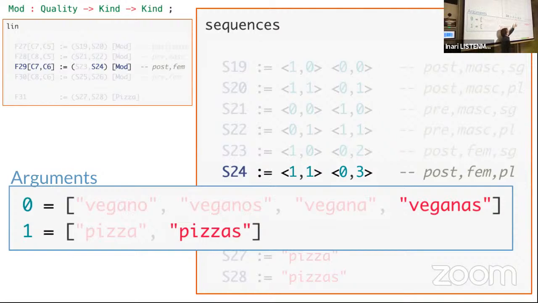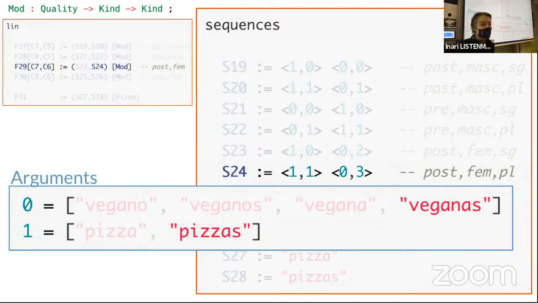Now we choose the second one, which is pizzas. And again, it still puts the adjective for the quality after it, but now it's choosing the fourth one from the quality. So that's how we get pizzas veganas, right?